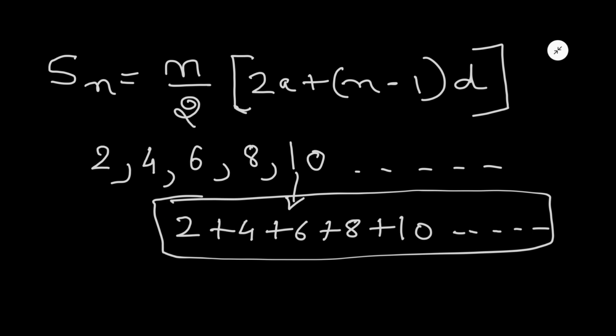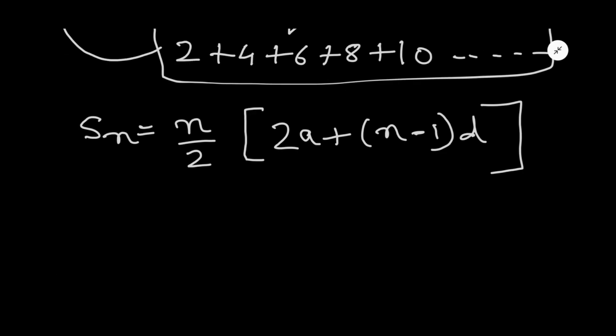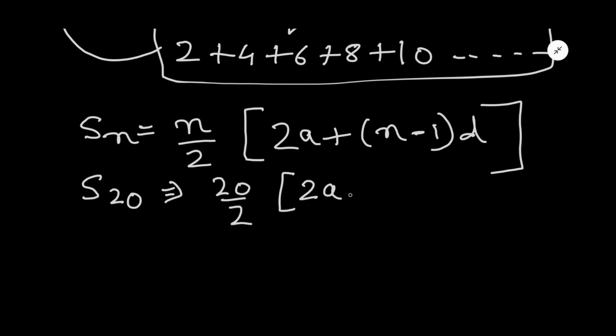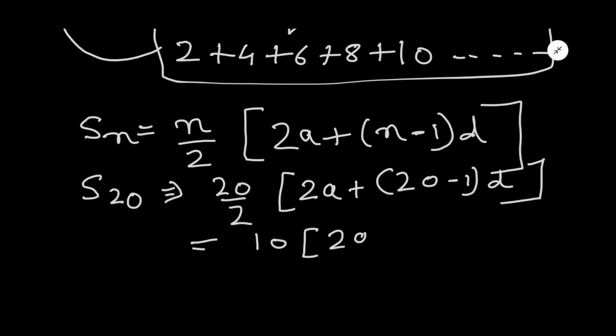So we can simply use this formula to calculate any term. So let's say we have to calculate the sum of an arithmetic progression. For the 20th term, we can just simply write n will be 20, 20 upon 2, 2a plus 20 minus 1 d. So it will be 10 into 2a plus 19d.